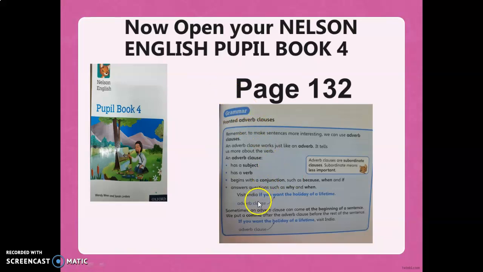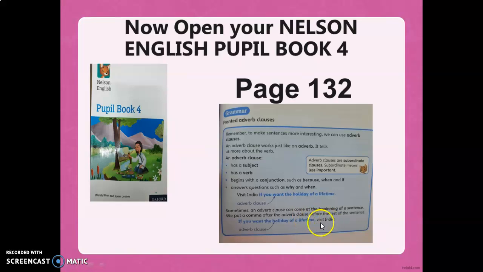Okay? Sometimes an adverb clause can come at the beginning of a sentence. We put a comma after the adverb clause before the rest of the sentence. Let's look at this example. If you want the holiday of a lifetime, comma, visit India.